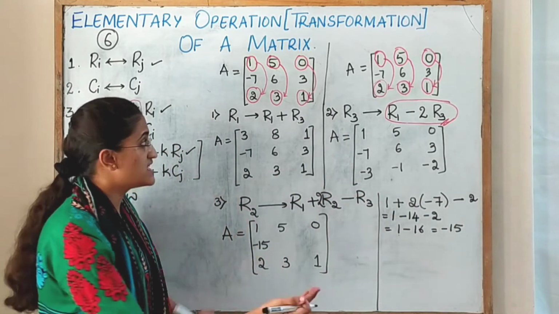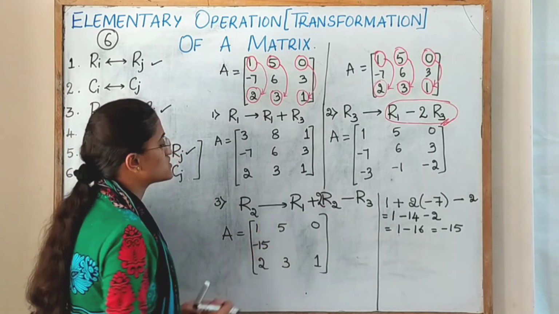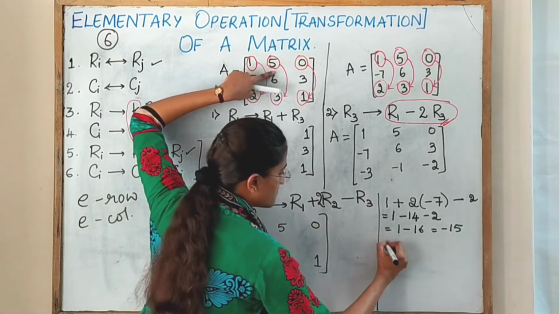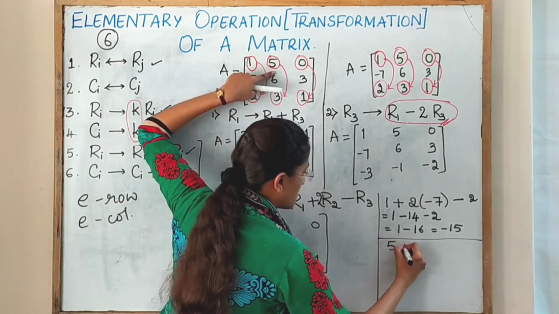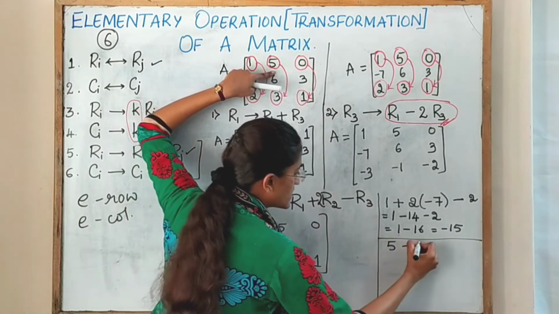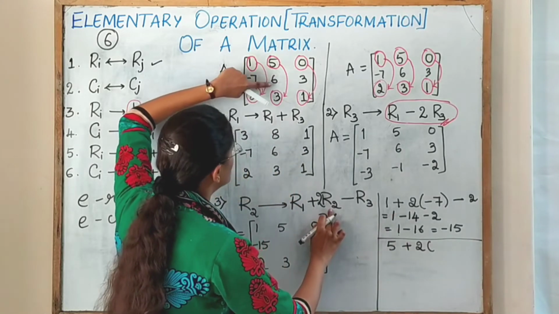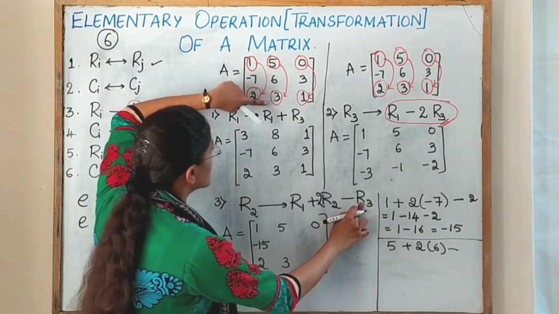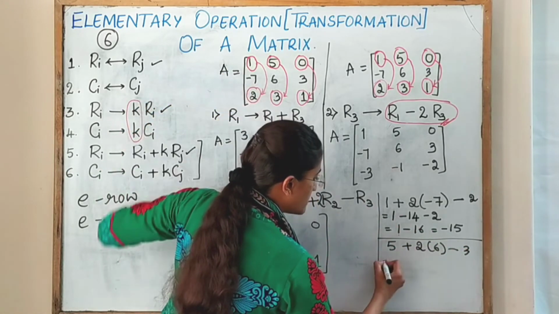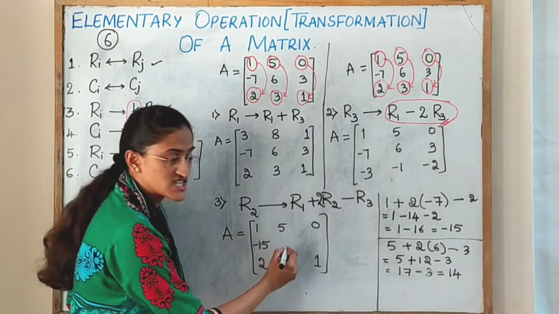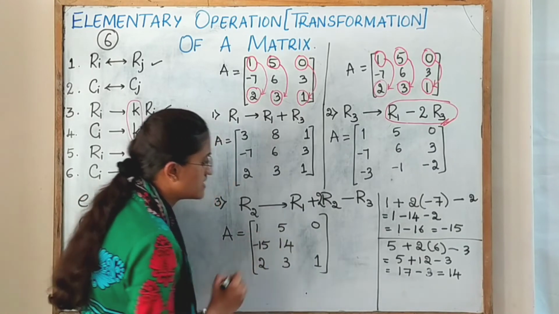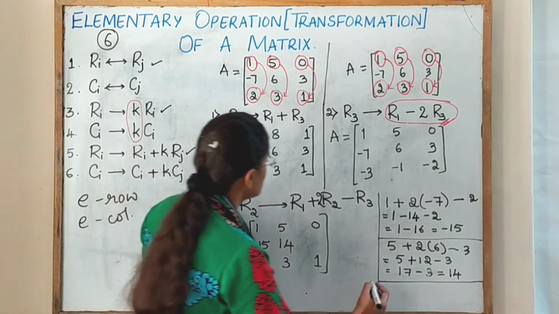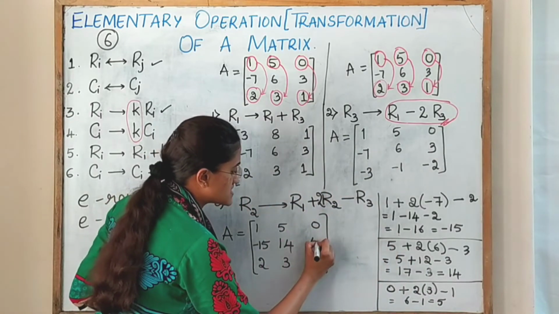And similarly for the other two elements also, take the first element of R1, 5 plus 2 times R2, 6 minus R3, 3. Simplify this, we get the element as 14. Then similarly for the next element, after simplifying that, we get the new element as 5.